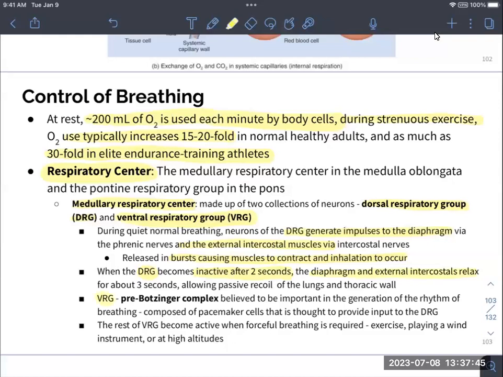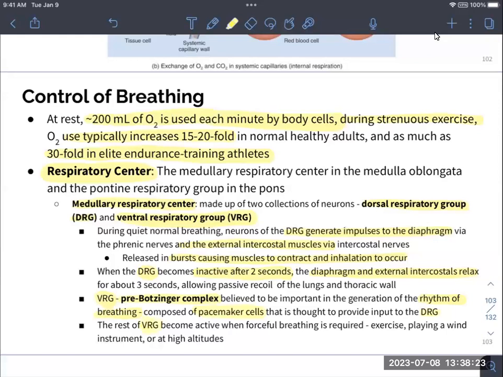That ventral respiratory group, or pre-Bötzinger complex, it's thought to be important in the rhythm of breathing. It's thought, so we're not 100% sure, but that's what people believe this part of the brain has to do with, because there's pacemaker cells in there. And they're going to send this information through the dorsal respiratory group first to keep this rhythmic breathing pattern going.